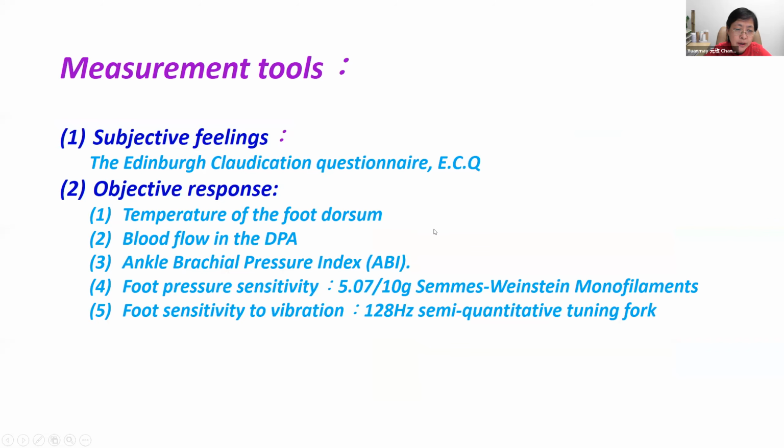For objective response, we have 5: one is the temperature of the dorsal foot, two is blood flow in the dorsalis pedis artery, three is ankle brachial pressure index, four is foot pressure sensitivity, and five is foot sensitivity to vibration.